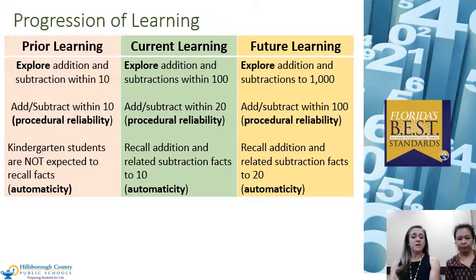And then moving into second grade and beyond, students continue to explore addition and subtraction to 1,000, and then also adding and subtracting with reliability within 100. And their fluency piece in second grade will be to recall addition and subtraction facts to 20. So as you can see, it really does build on each other year to year.